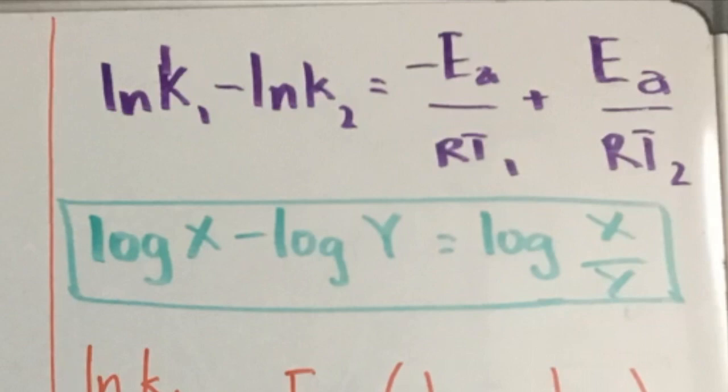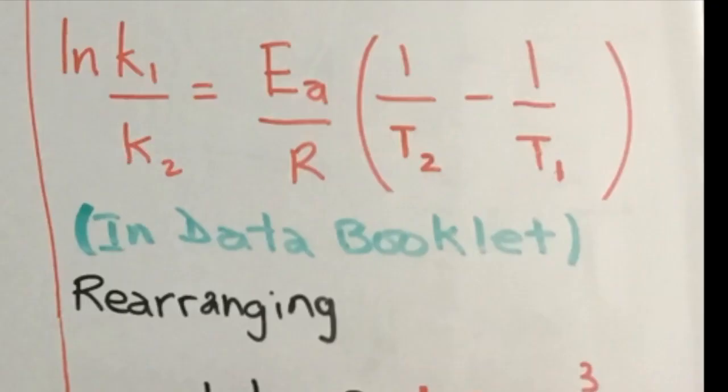Next, we consider what ln K1 minus ln K2 translates into, and using this rule from logs, where the log of x minus the log of y equals the log of x divided by y, then we arrive at this equation. The natural log of K1 divided by K2 being equal to activation energy divided by R multiplied by 1 over T2 minus 1 over T1.